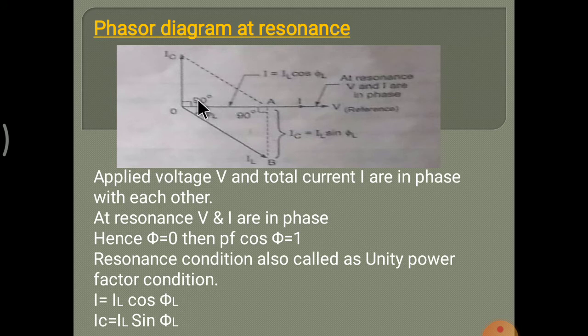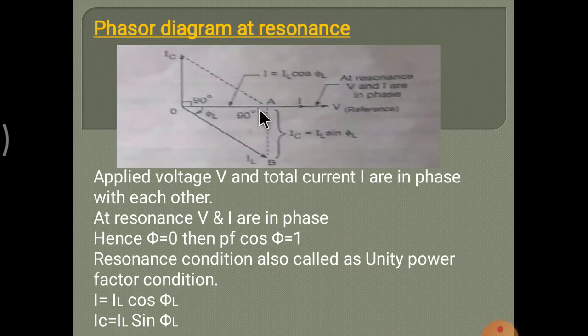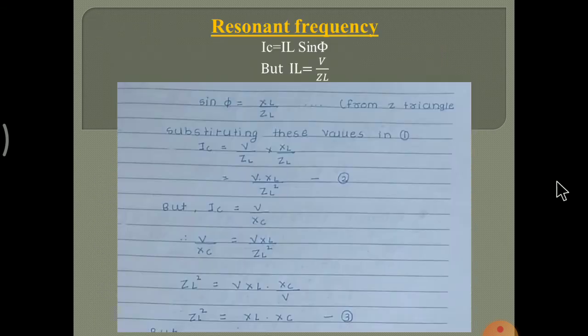If this is the impedance triangle, with sides XL, ZL and R, and this is the angle of 90 degrees, then we get sin phi is equal to XL upon ZL. Here this is the angle phi, and this is XL, here ZL. So sin phi is equal to XL upon ZL and cos phi is equal to R upon ZL.